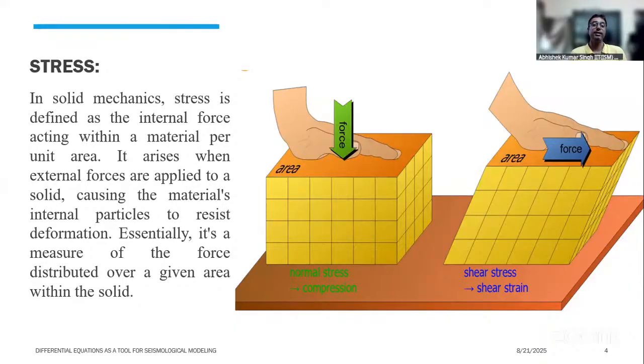It arises when external forces are applied to a solid, causing the material's internal particles to resist deformation, because every material in its normal state wants to be stable. If we deviate it from stability, it will try to regain its original position. Therefore, to regain it, some internal force is developed, and the measure of those forces per unit area is the stress.